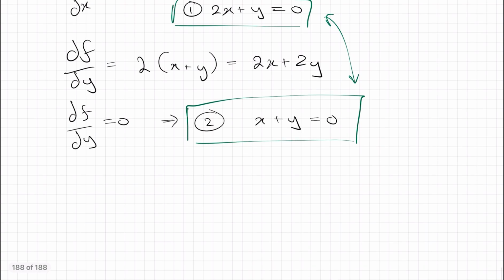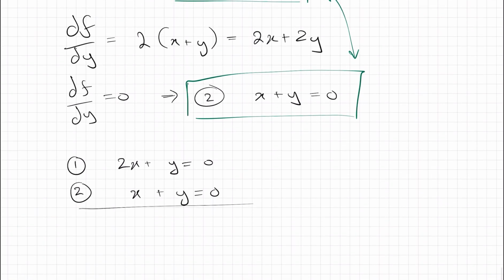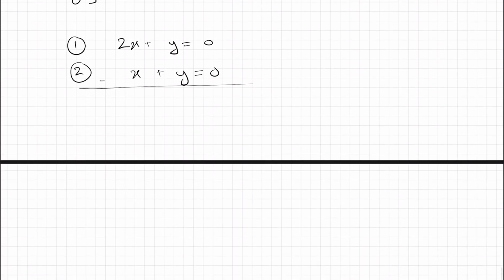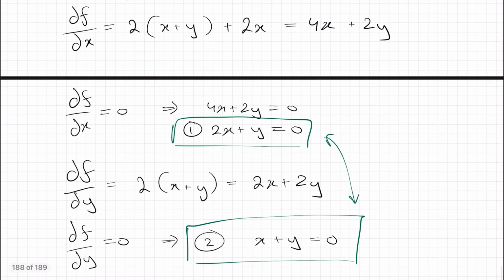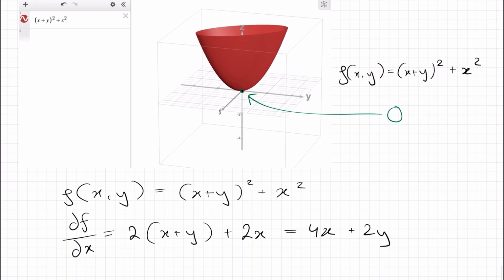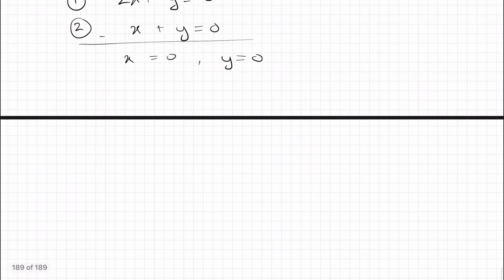Let's write this out neatly: 2x plus y equals 0 and x plus y equals 0. It's fairly obvious that the solution to this simultaneous equation is x equals 0 and y equals 0. And that confirms our initial suspicion that the origin was the stationary point. So this tells us (0, 0) is a stationary point.